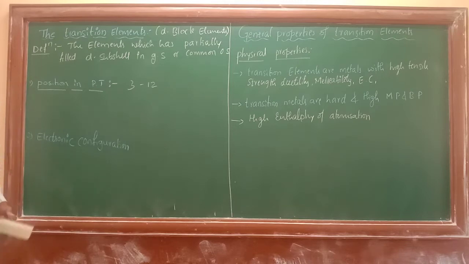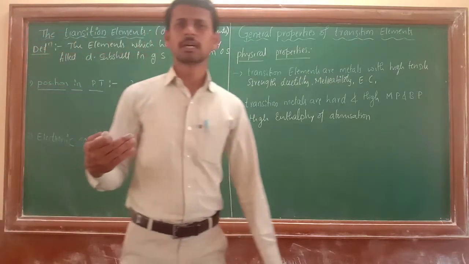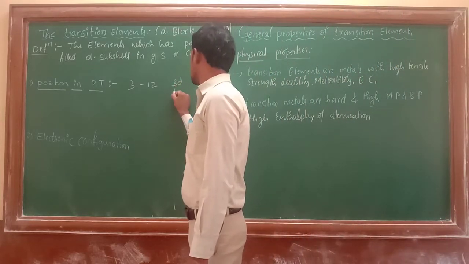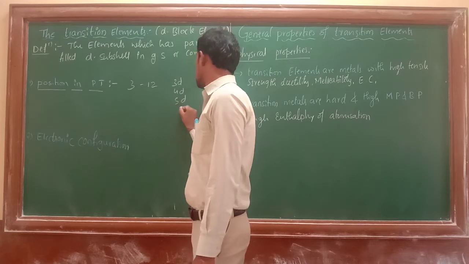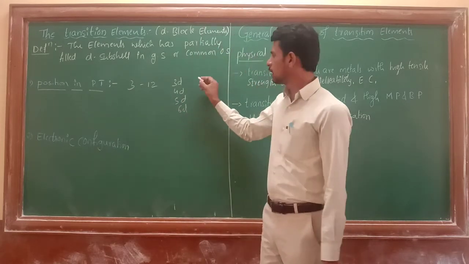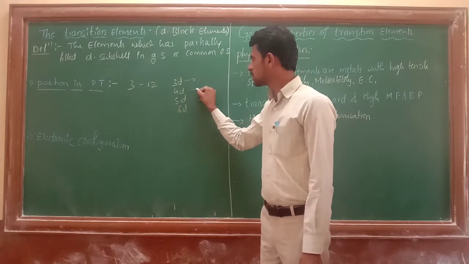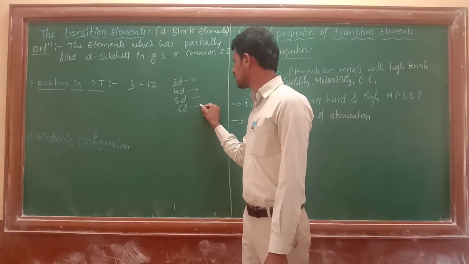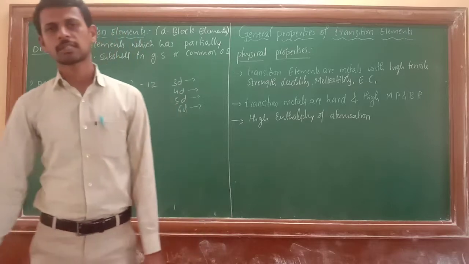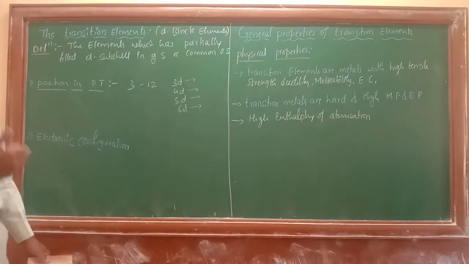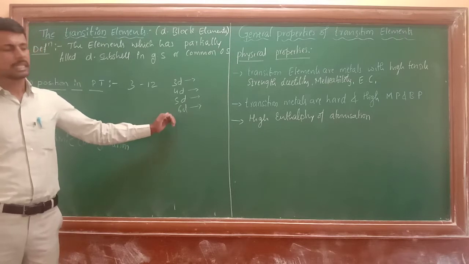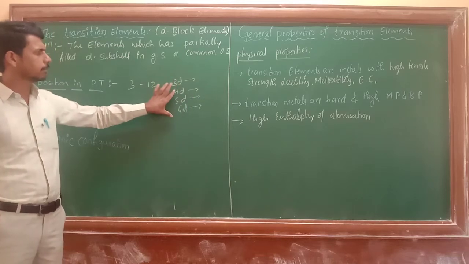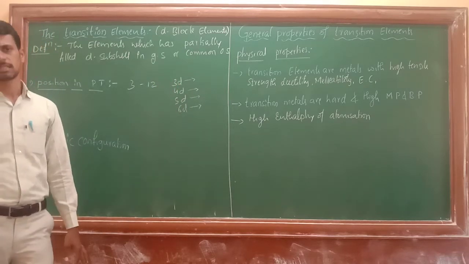Based on the electronic configuration, we further classify them into 4 series: the 3D series, 4D series, 5D series and 6D series. The 3D series is completely filled, the 4D series is also completely filled, the 5D series is also completely filled, but the 6D series is incomplete. Some elements in the 6D series are incomplete.